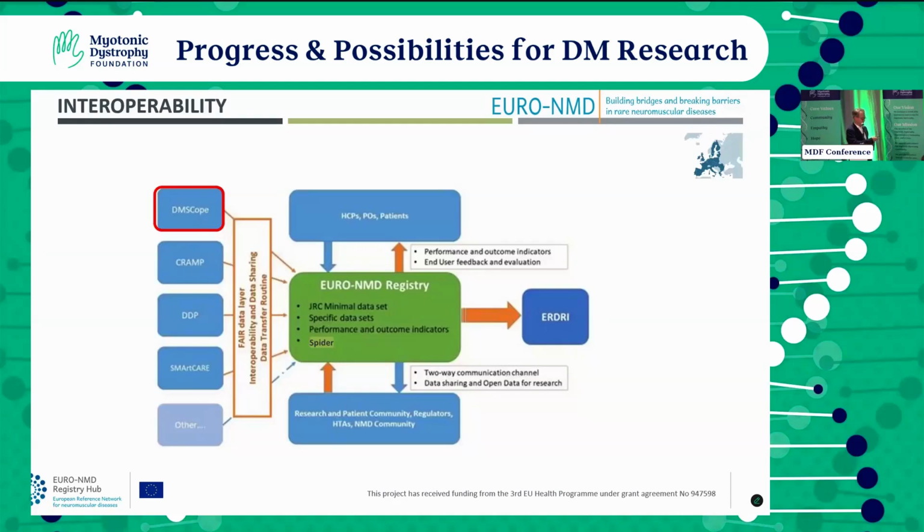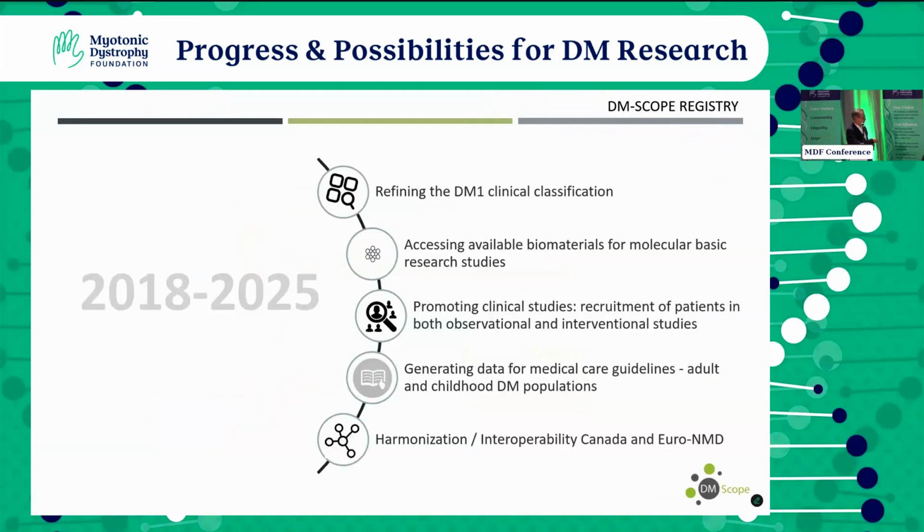So this is the model, very briefly. This is where we are now, with some contribution of the DM Scope registry to refining the DM classification and contributing to DM translational research. The last piece of work was this harmonization, and we had the ENMC workshop regarding data collection and registry harmonization. This is very encouraging.